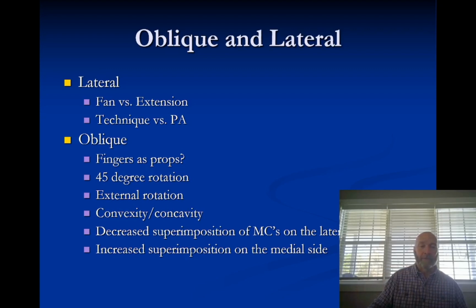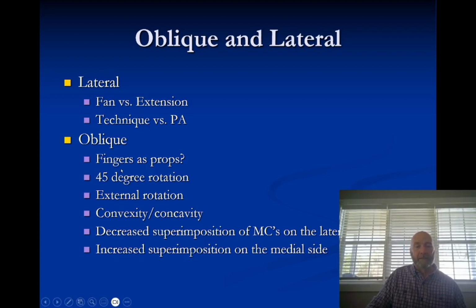So that's one option. Another option would just be to take that fan lateral and have the patient lay it down so that the OK sign provides a prop for the fingers. That gives you a 45-degree rotation, pretty close to it, just using the fingers as a prop. If that's your hospital protocol, that's fine. I'm not here to tell you that it's wrong.